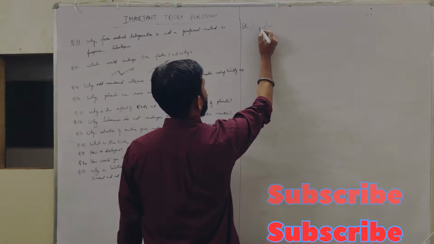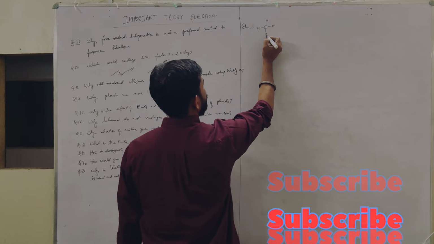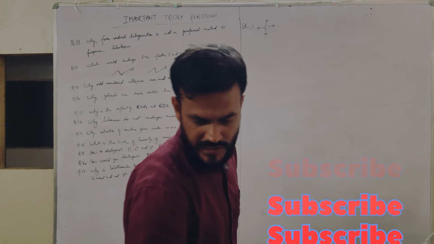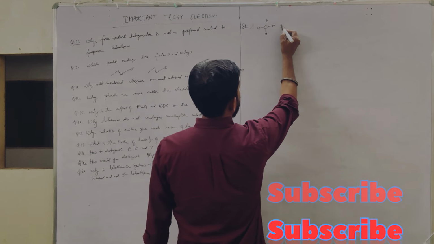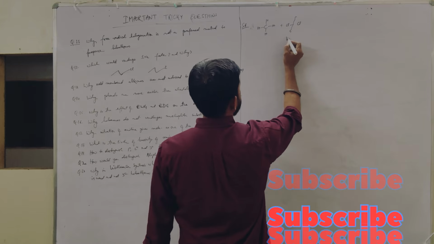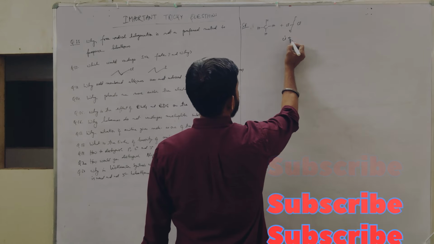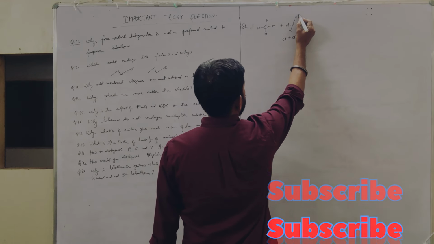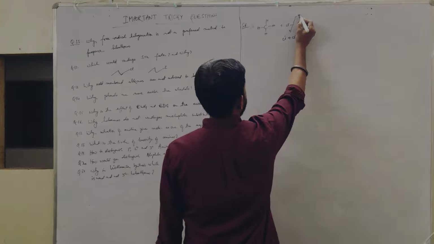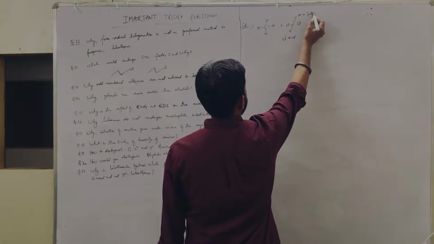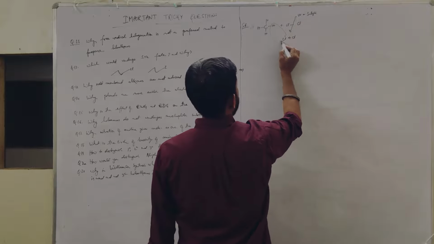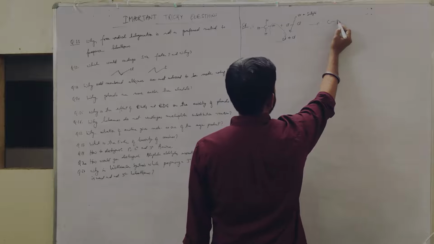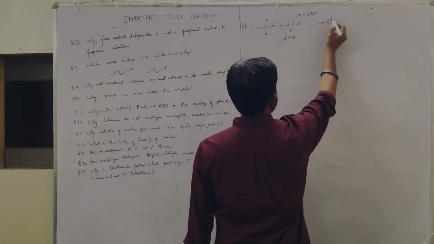if you have methane, here what happens: chlorine gets dissociated in the presence of ultraviolet radiation or sunlight, and this free radical will form chloromethane.